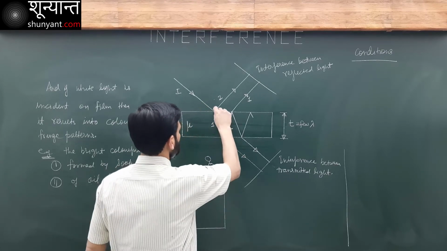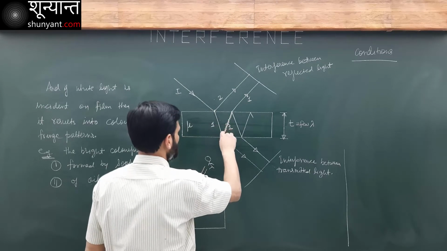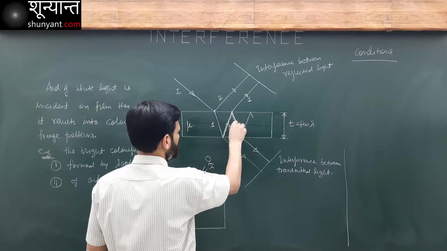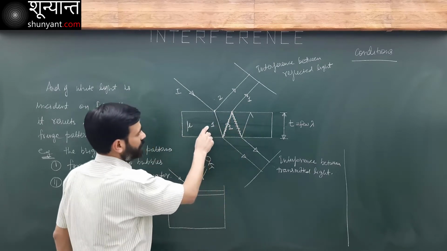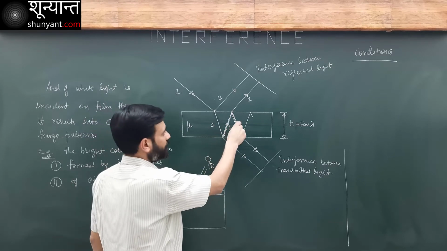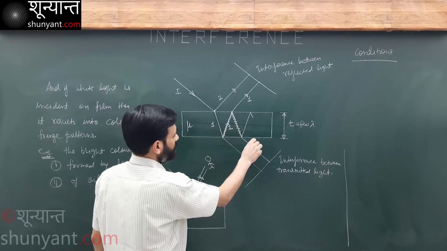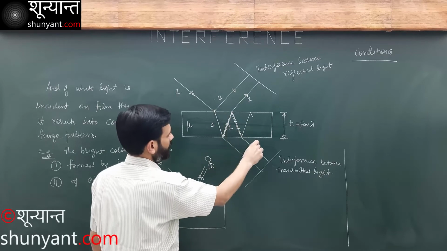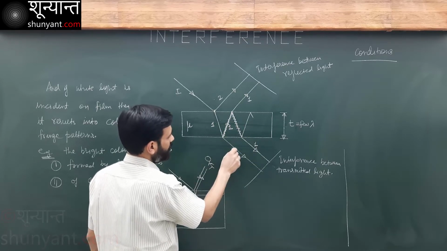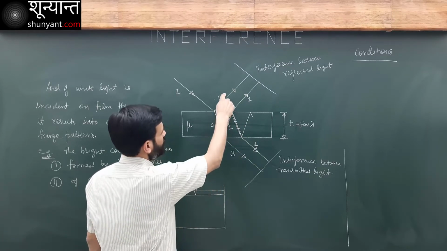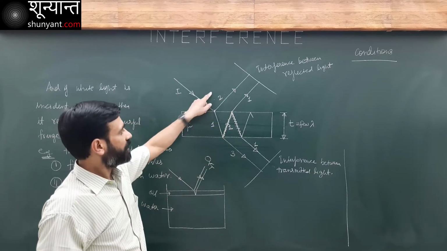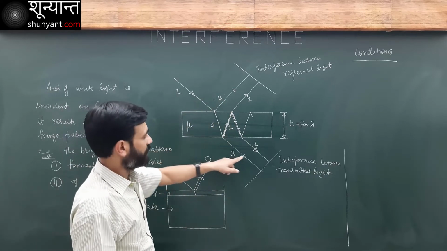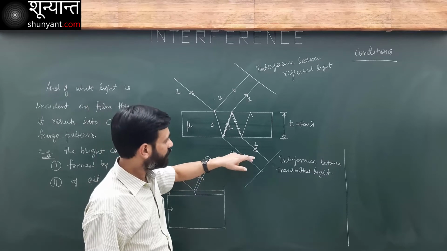Let me do this here. This is 1, this also is 1, this also is 1, it gets out like this. 1, 1, 1. Some part of it is like, let's say 3. It was 2 here, it was 2 here, so let me say this is 3. Interference is happening between 3 and 1.